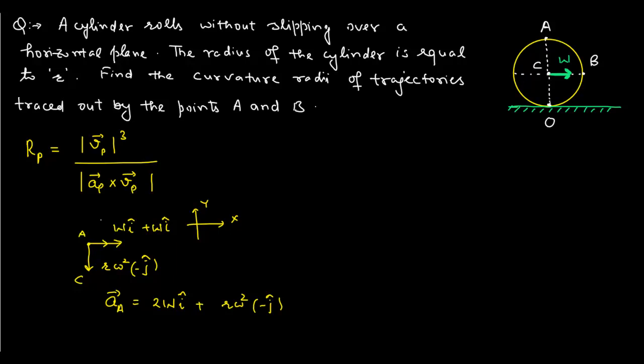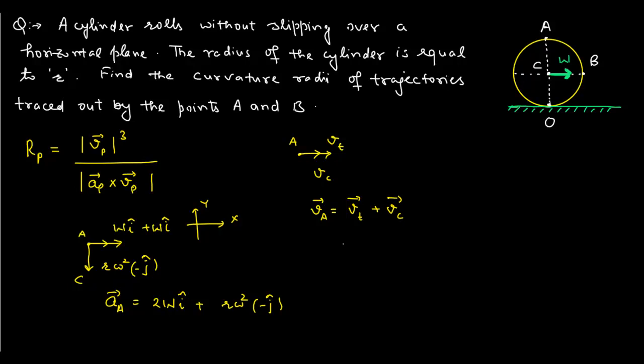Now velocity of point A. The tangential velocity is in this direction and the velocity of center of mass is in the same direction. So this is point A, and the net velocity of point A is the vector sum of the tangential velocity plus the velocity of center of mass.